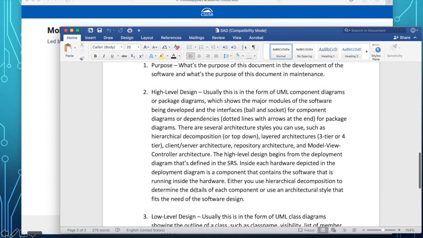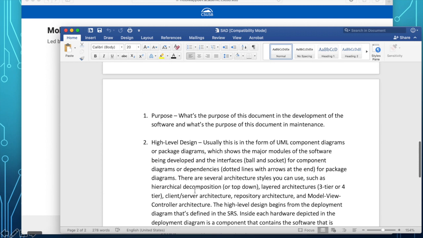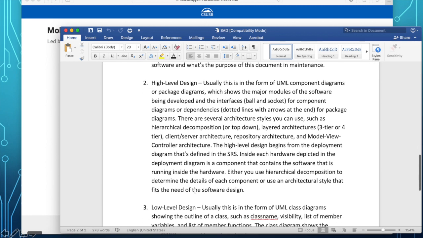I define architecture and design into three levels. We have the high level design, and the high level design usually is the techniques that we use to break the software into its sub components.